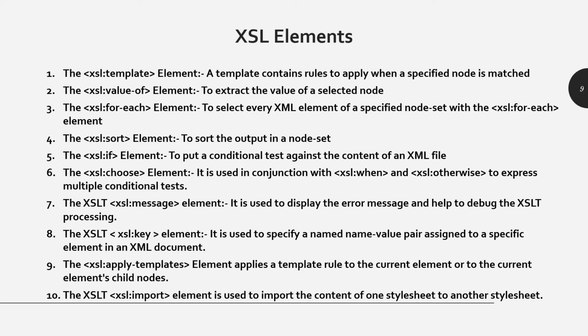Value-of is to extract the value of a selected node. For-each is to select every XML element of a specified node. Sort is to sort the output in a node set. If is a conditional test against the content of an XML file.